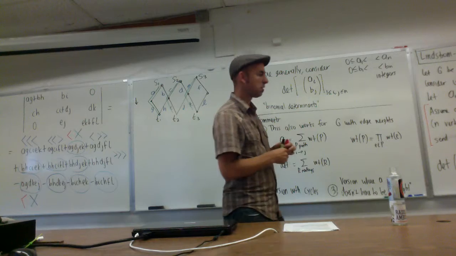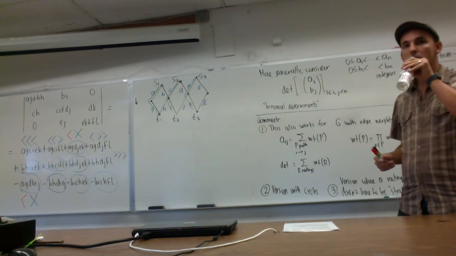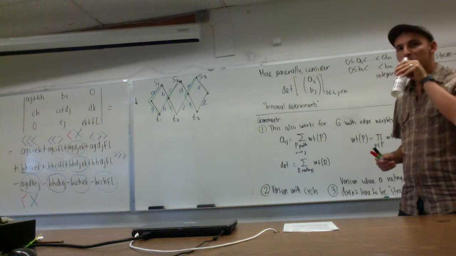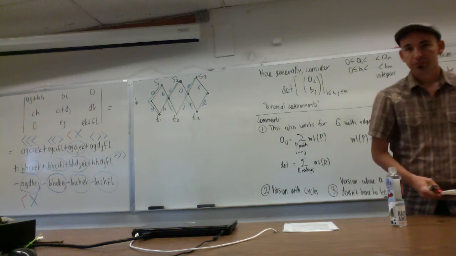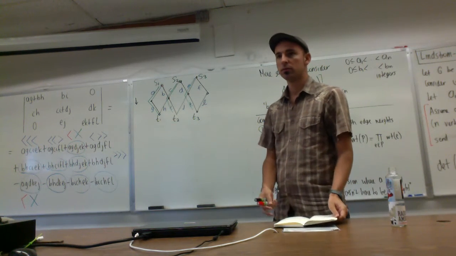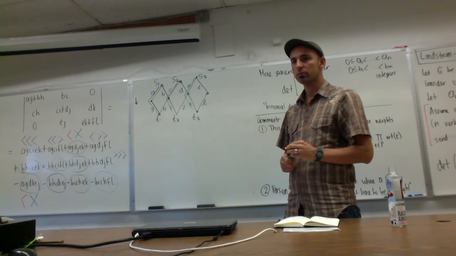Question? In this example, we're fixing the number of source nodes and sink nodes. So I'm wondering if we have some directed graph G and we fix the number of source and sink nodes at random, and we label them at random, whichever ones are going to be S1, S2, S3, and so on.